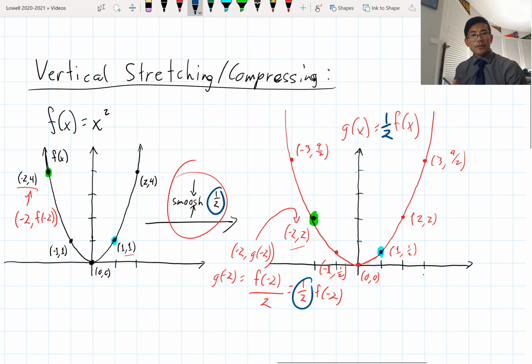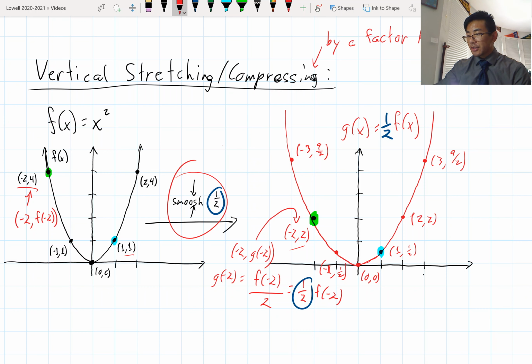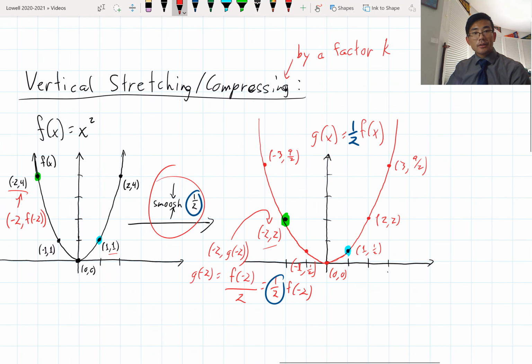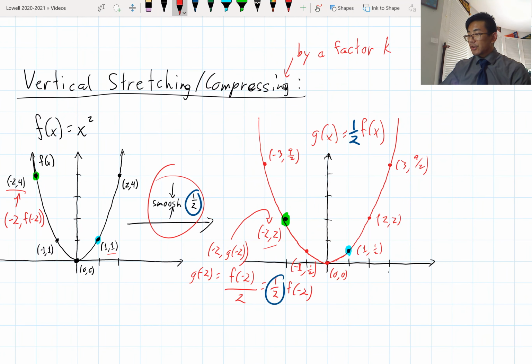And you can imagine if I wanted to stretch it twice as tall, instead of multiplying by 1/2, I would just multiply it by 2. And so really, if you're stretching or compressing by a factor k, usually we'll use k for stretching and compressing, then your new function, g of x, is just the original function, f of x, times k. You just multiply all the y values times k.